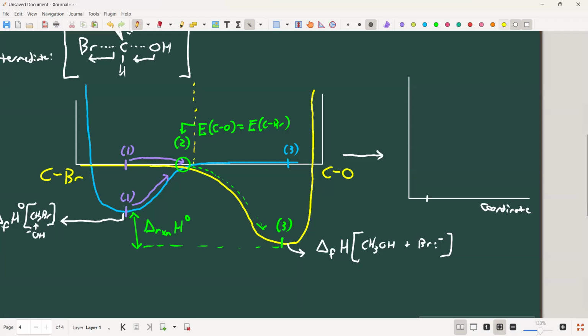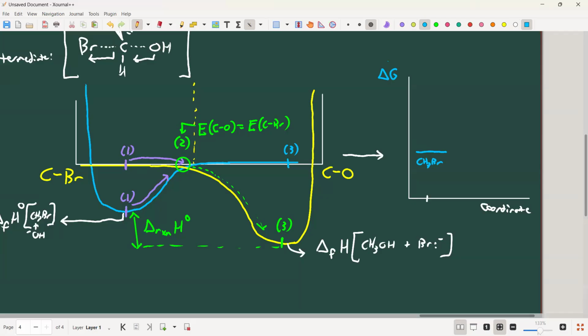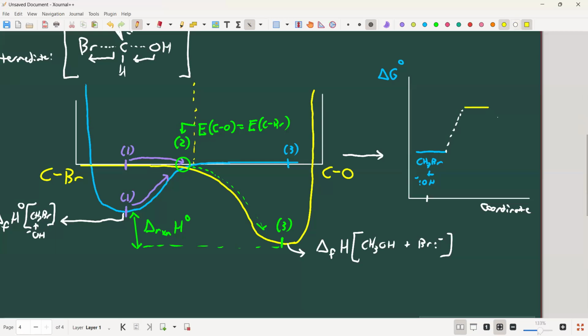Our system is at some energy initially. This is CH3Br, this is delta G, we'll say, for instance. It can be delta H again, it doesn't matter. I'm just going to be arbitrary with these and a little sloppy. Plus OH minus. And the energy will increase to some point, and then it decreases to the products.